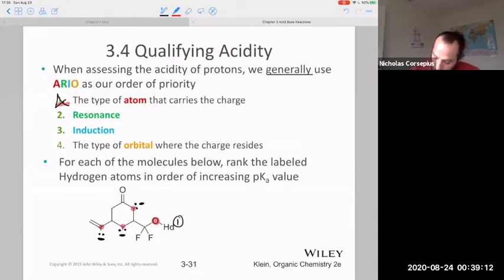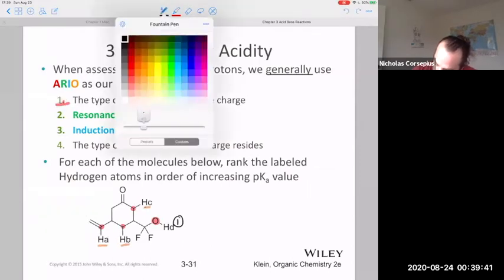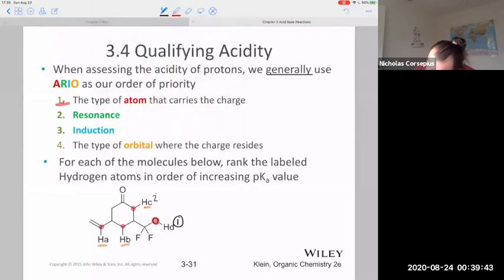Hopefully you've been able to identify this allylic lone pair pattern here. Allylic lone pairs are resonance stabilized. And I just want to point out explicitly, this one is not. It's a vinyl lone pair. It's too close to that double bond to be resonance stabilized. You have to be separated by 1 sigma bond. So in this case, if I'm going to rank number 2, that would be this hydrogen here.